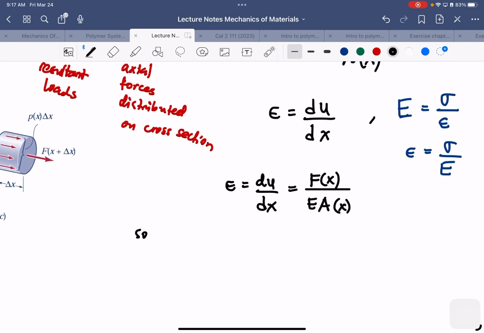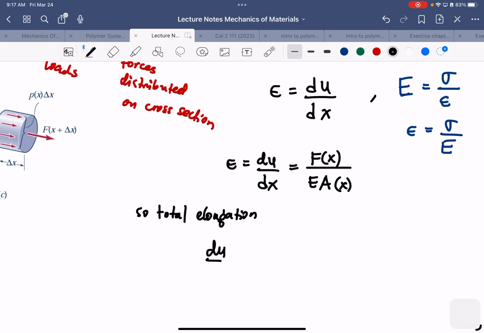So the total elongation, let me write du dx.